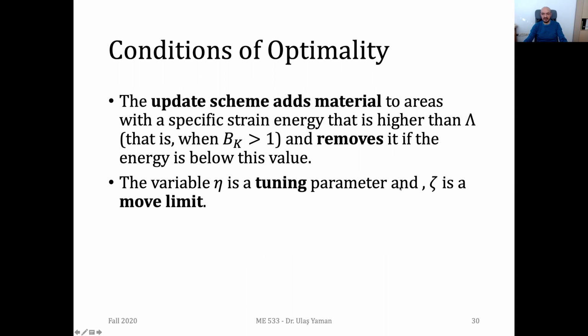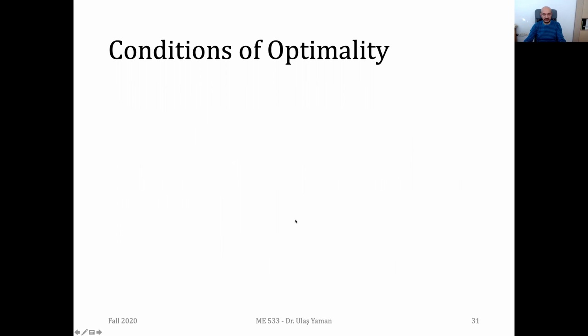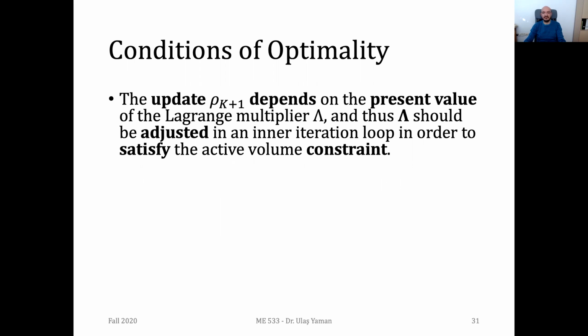Eta is the tuning parameter, and zeta is the move limit. With the help of them, you can control what is changing in between these steps, in between these designs. And you can adjust them to have more efficient methods.